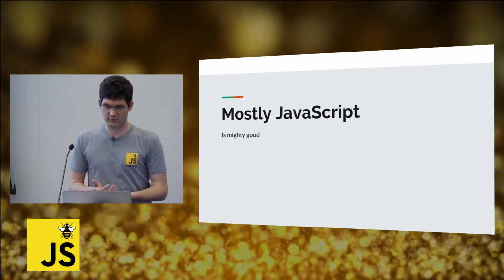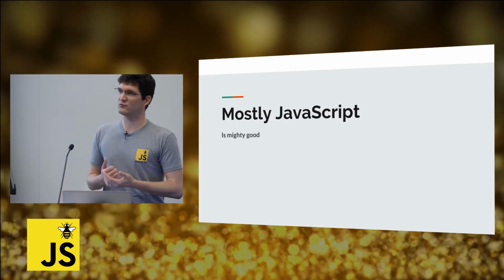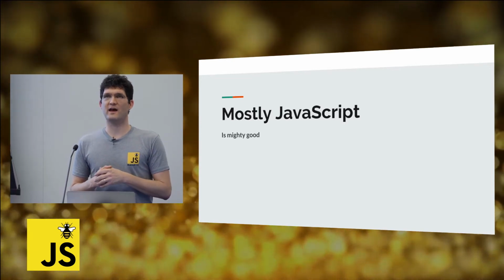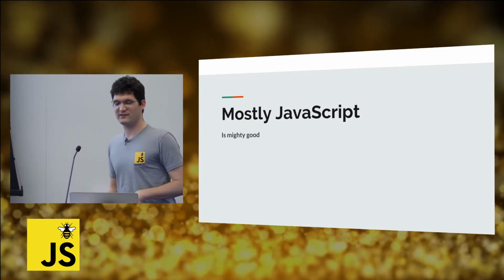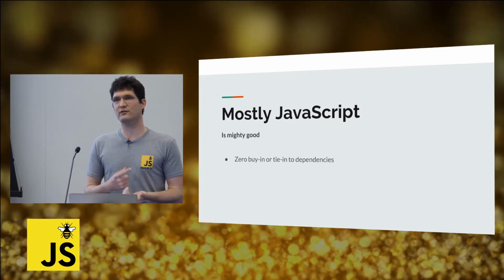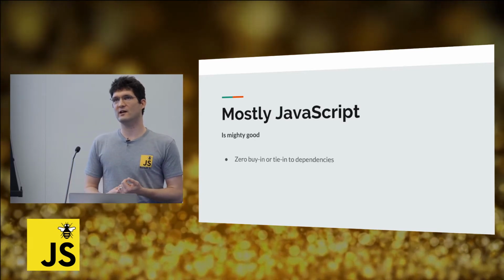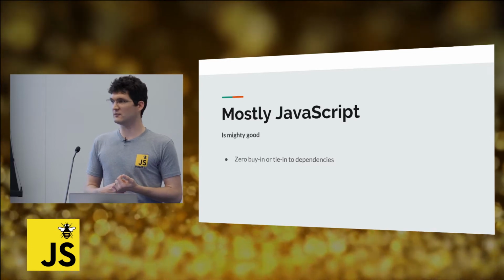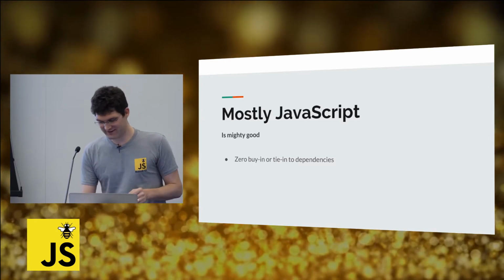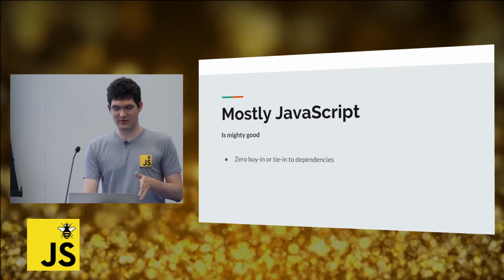I'm able to do this because it's mostly JavaScript. It's written in JavaScript. There's some knee-jerk reaction to that where they go, ugh, it's JavaScript, but I thought native was better than JavaScript. One of the things I did with Lodash was show that you can implement vanilla JavaScript methods and have them be faster than built-in methods. It turns out you can do something very similar with the language, too.